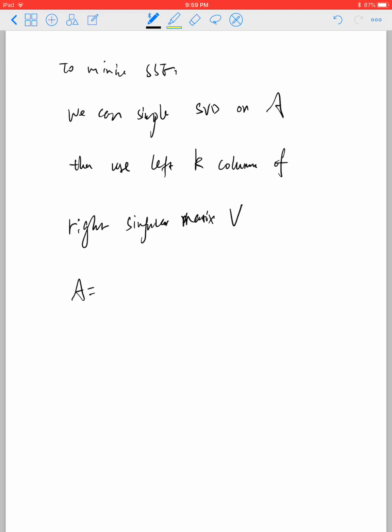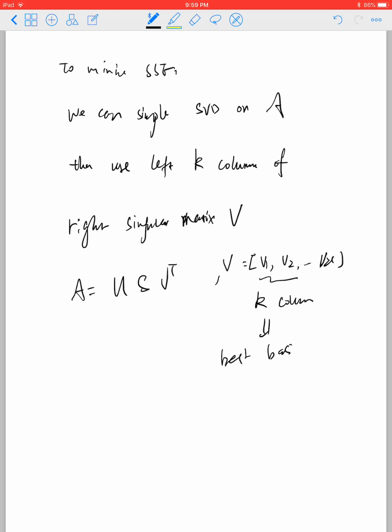So let me write down the result. To minimize SSE, we can simply do SVD on A, then use the left K columns of the right singular matrix V. So here A equals U Σ V transpose, and if we write V as a set of columns, right?